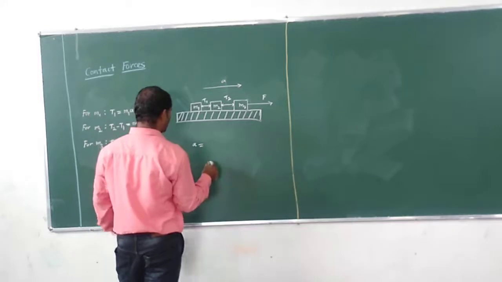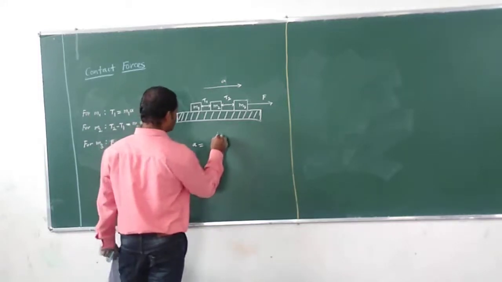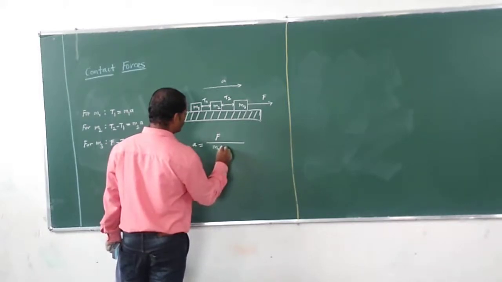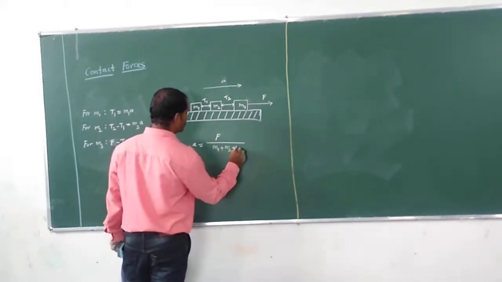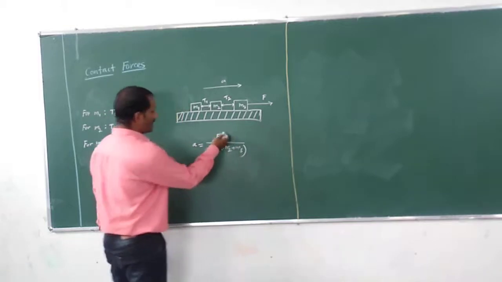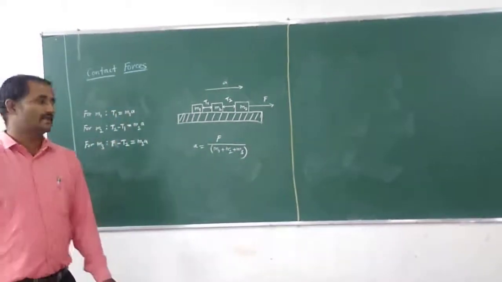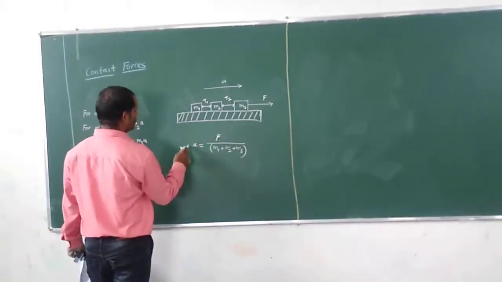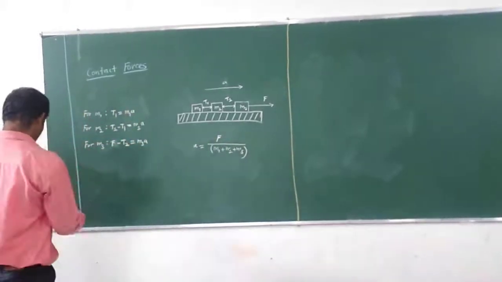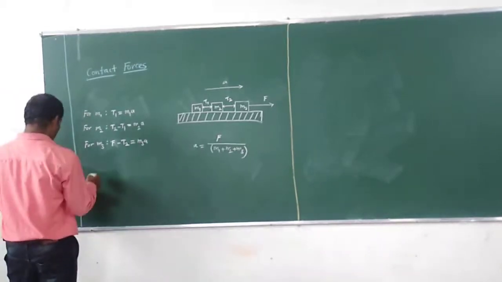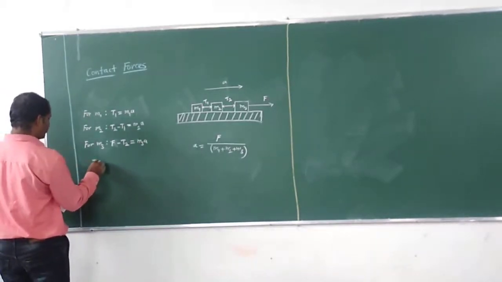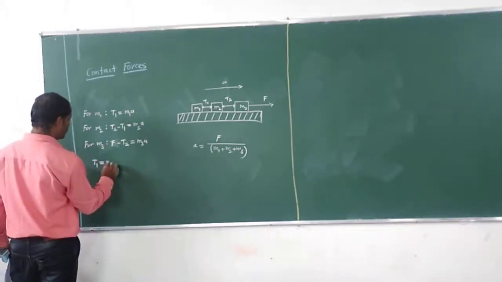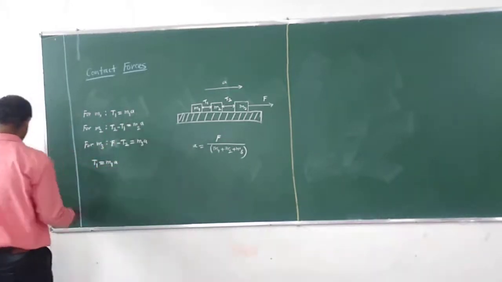So I am writing directly acceleration is equal to F by m1 plus m2 plus m3. किंवा आपल्याला डायरेक्ट फॉर्म्युला पण एक्सेलरेशनचा माहित आहे F is equal to ma. So this is F and this is m and this is a. Then tensile T1 is equal to आपण आधीच कॅल्क्युलेट केलं m1a.